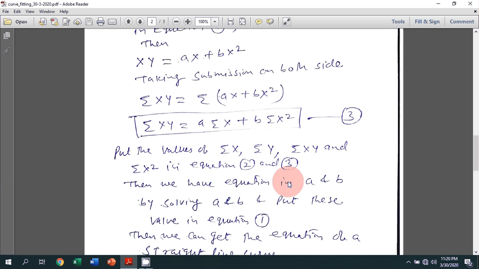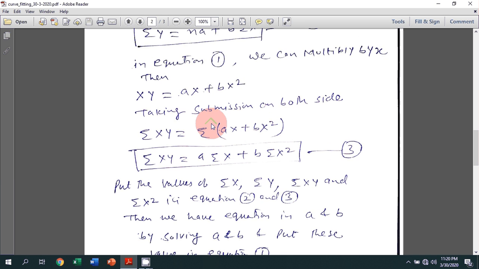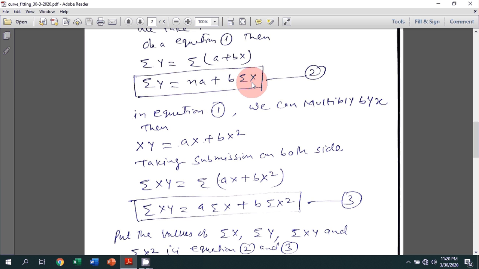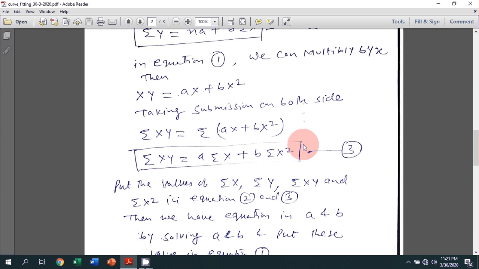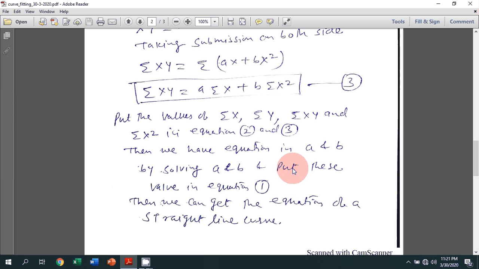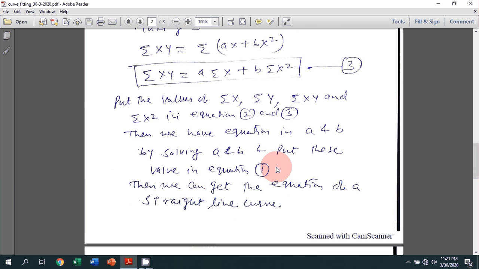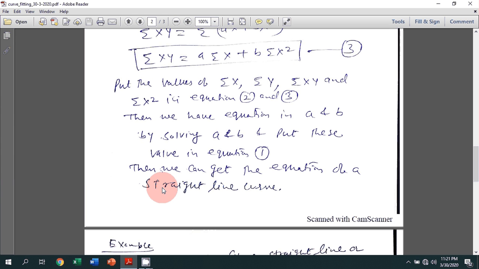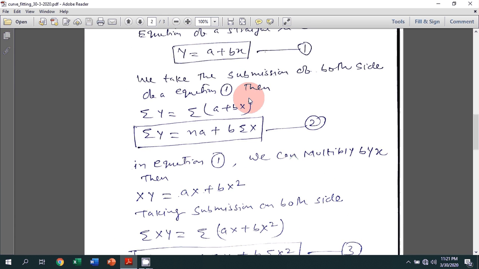We put the values of Σx², Σxy, Σx and Σy in equations 2 and 3, then we have two variables, a and b, and two equations. After solving these two equations, we get the values of a and b, and we put these values in equation 1, y = a + bx, and we get the equation of a straight line.